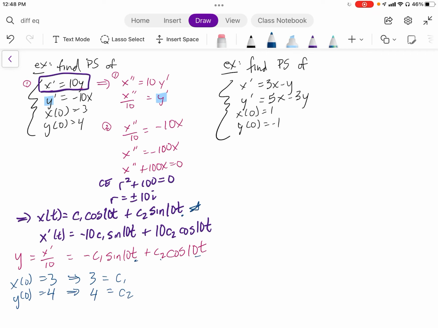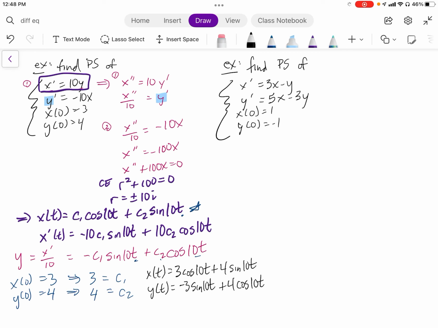Easy systems here. So we have our c1 and c2, so let's plug them in, and we end with x of t equals 3 cosine 10t plus 4 sine 10t. Y of t is negative 3 sine 10t plus 4 cosine 10t.